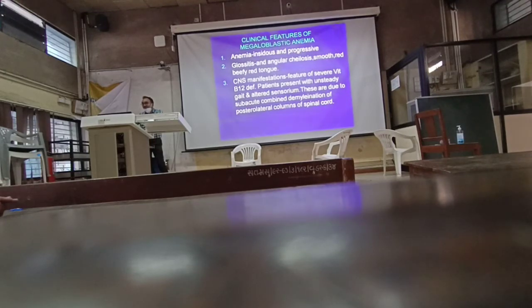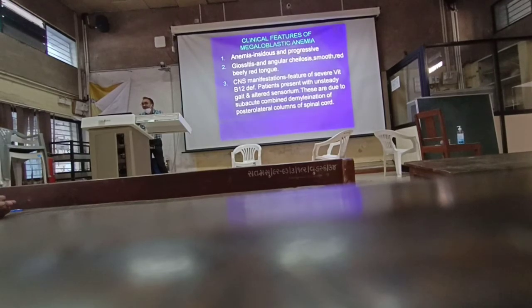Patient presents with unsteady gait and altered sensorium, as the posterolateral column of the spinal cord is affected. These are due to subacute combined degeneration with demyelination of the posterolateral column of the spinal cord. So CNS manifestation: tingling, numbness, unsteady gait and altered sensorium.